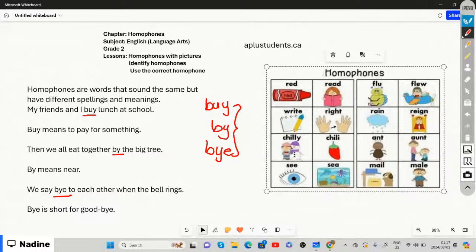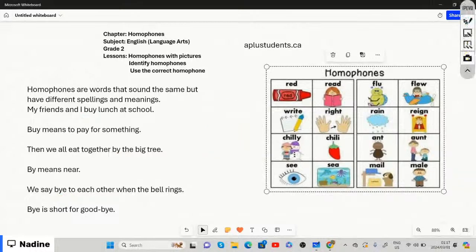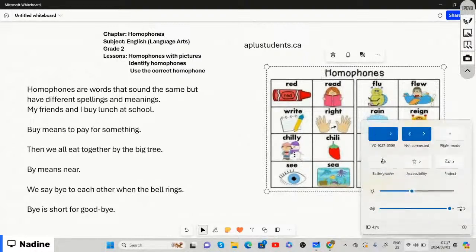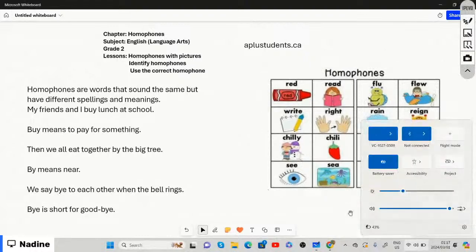All right, so these are a few examples of homophones, right? And we said homophones are words that sound the same, but they have different spellings as well as meanings, right?